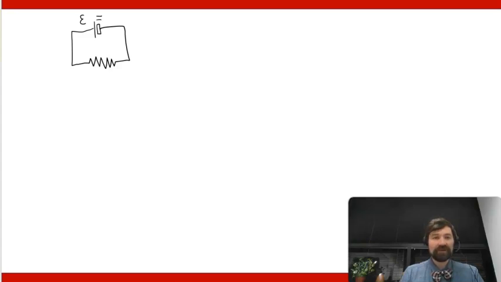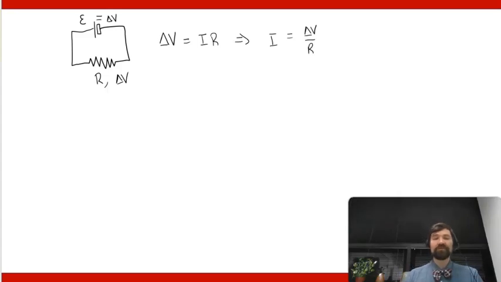If it's an ideal battery, then this EMF will be basically the output voltage, and then you have a resistor which has some voltage drop. The voltage drop, delta V, is the current times the resistance, or in other words, the current is the voltage drop per unit resistance, and is given by epsilon over R.